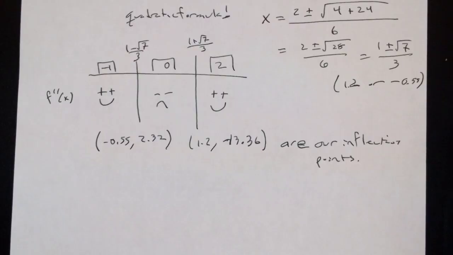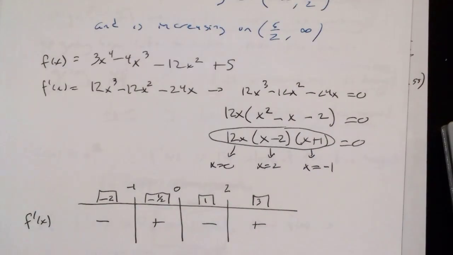Those are our critical numbers, aren't they? The second derivative, when used at a critical number, gives me more information.